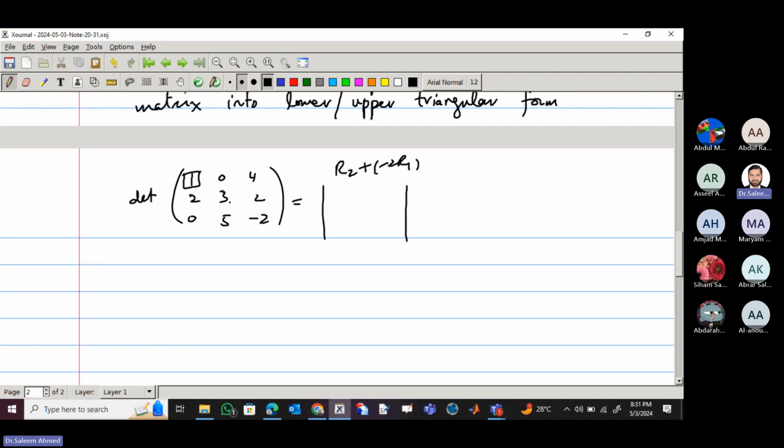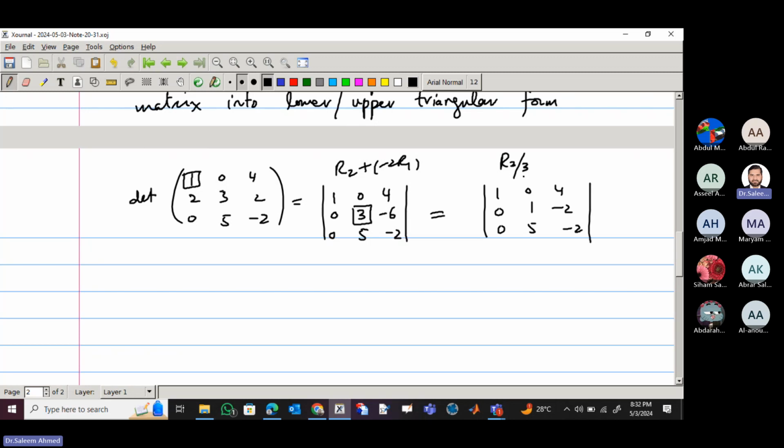Let me use this one. Instead of writing DET again and again, I can use straight lines. So 2 minus 2, 0, 3 minus 0, 3, 2 minus 8 is minus 6. And then 0, 5, minus 2. Now I can make this 1, right? But if I make this 1, I have to divide R2 by 3. 1, 0, 4, 0, 1, minus 2, 0, 5, minus 2.